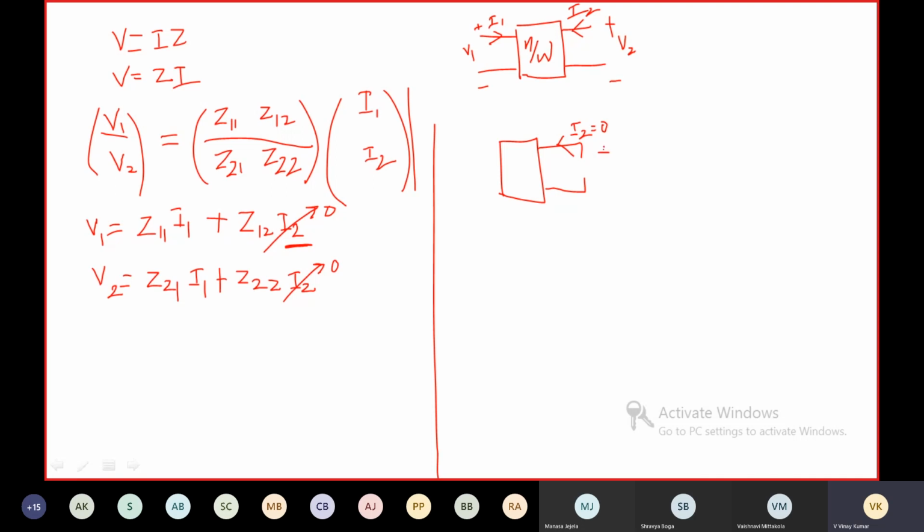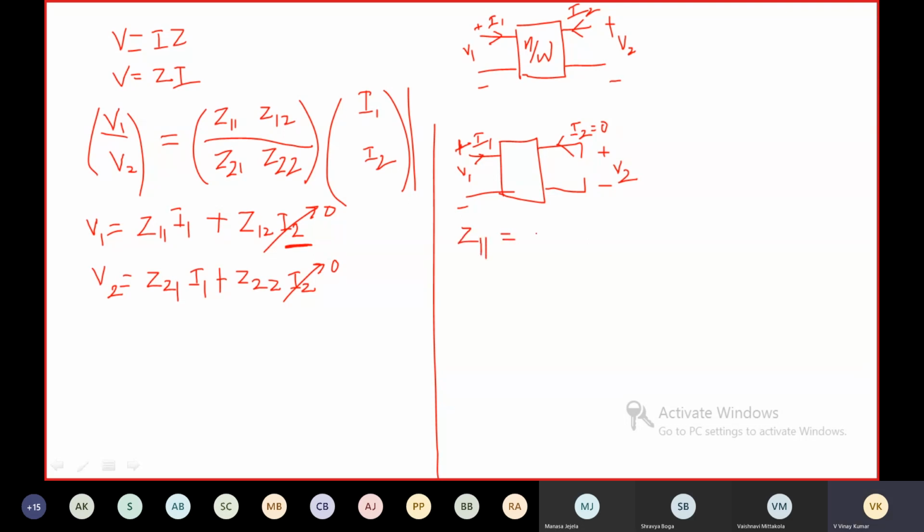The voltage between these two points is V2, and I1 is the input current. If you open circuit port 2, then you are going to get Z11.